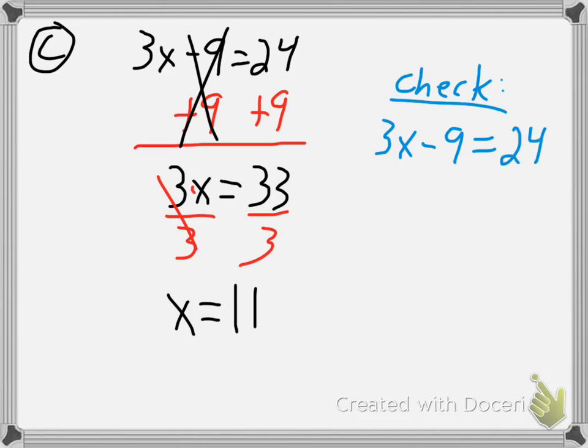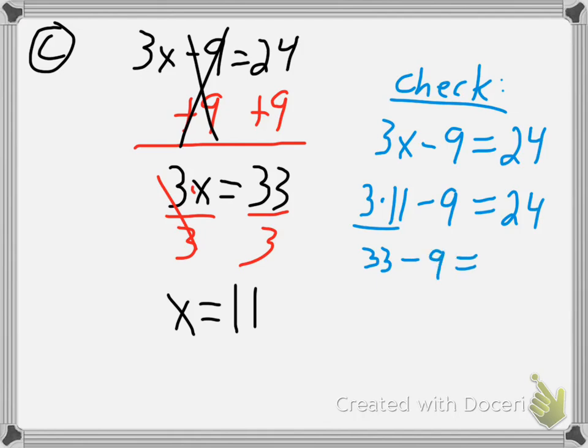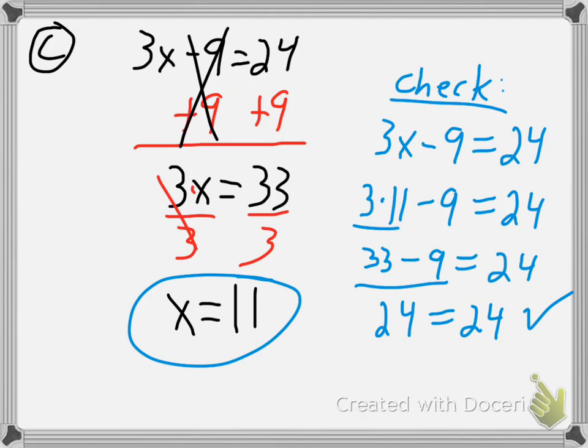I think x is 11, so I'm going to do 3 times 11 minus 9 equals 24. 3 times 11 has to go first, which is 33. And then 33 minus 9 is 24. So does 24 equal 24? Yes. So I know that is the correct answer.